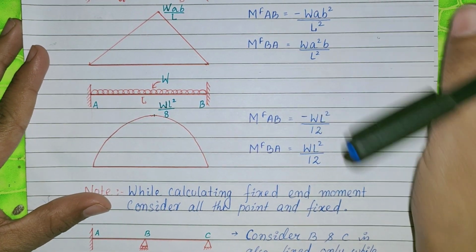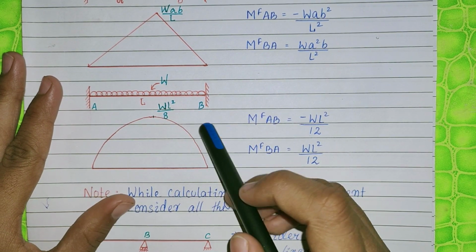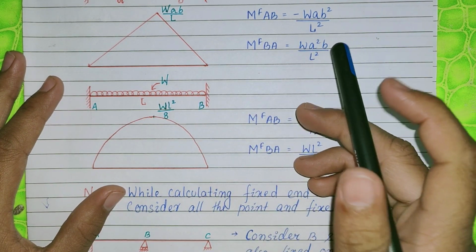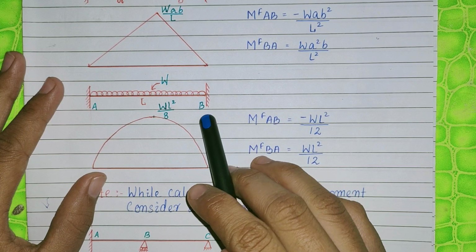Now followed by case 3, where a UDL is acting all over the beam and both ends are fixed.